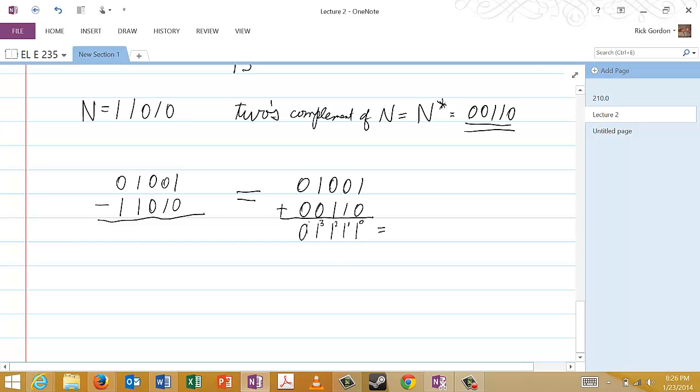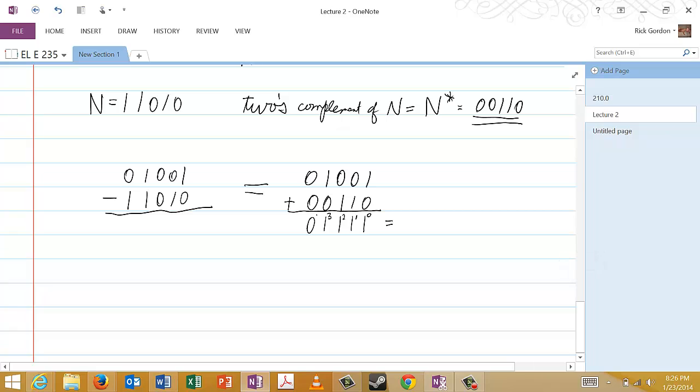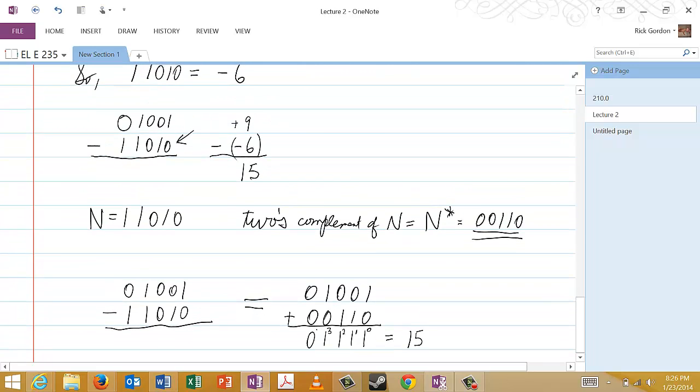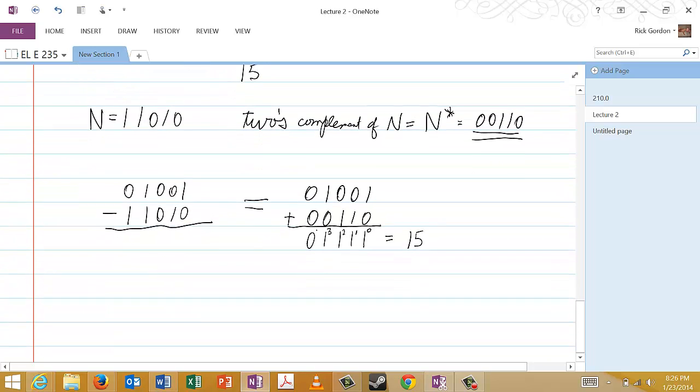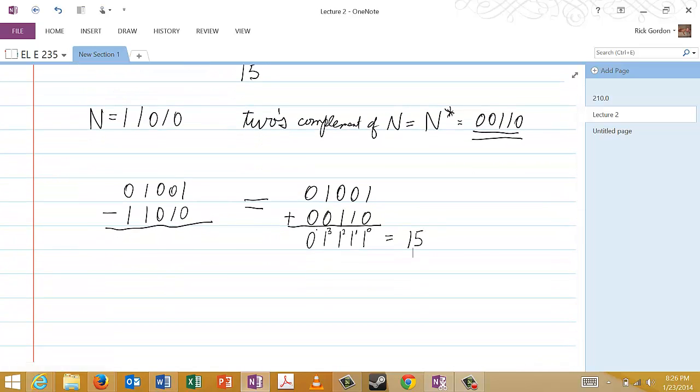So we have 1 times 2 cubed, which is 8, and 4 is 12, and 2 is 14, and 1 is indeed 15. And that was what we predicted we would get. When we take 9 minus a negative 6, we get 15. And indeed, by doing this trick, we do come up with the right answer.